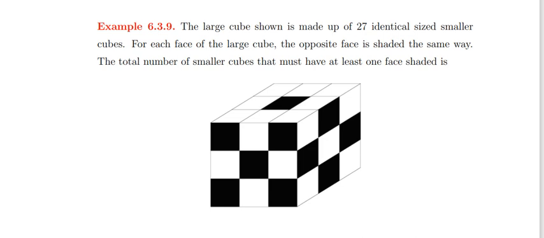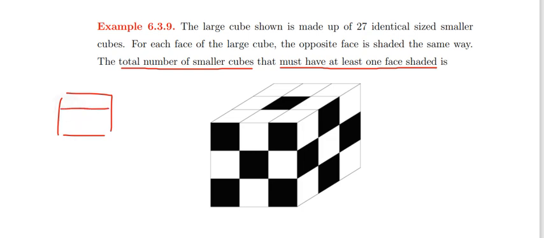So for this problem, we want to find the total number of smaller cubes that must have at least one face shared. So we have 3 levels. So the first level, we have 9 small cubes.